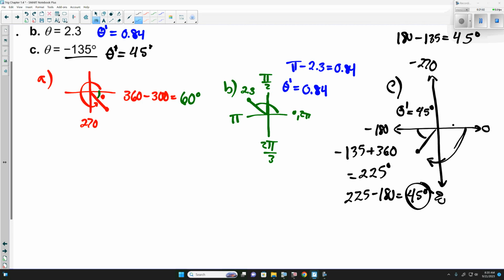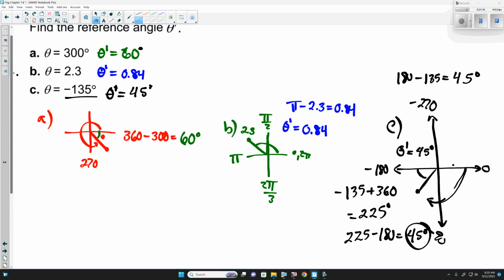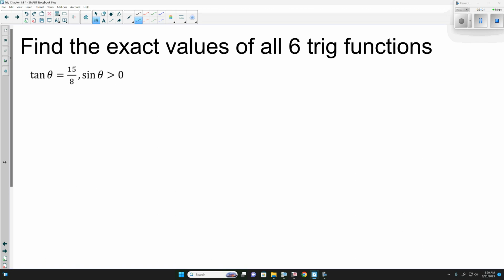So instead of finding the other coterminal angle and then the reference angle, we just went to the reference angle, because we saw which two spots we were between and found the measure. Does that make sense? Any questions on any of this here?